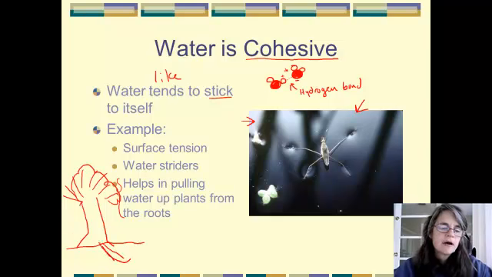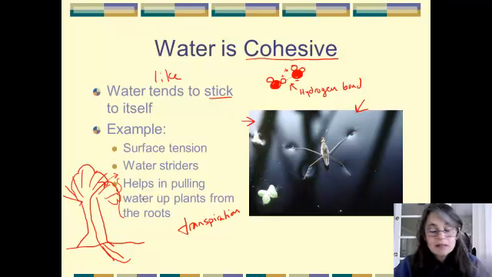I need to get water up the roots, up the tree, into the leaves, okay? In order to do that, water actually leaves the leaf surface through a process called transpiration, and you don't really need to remember that right now, but that's the process through which water evaporates from leaves, okay?